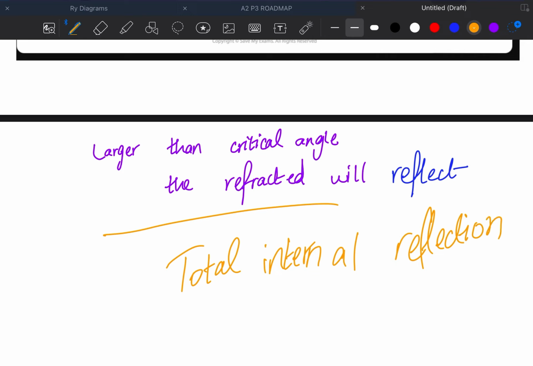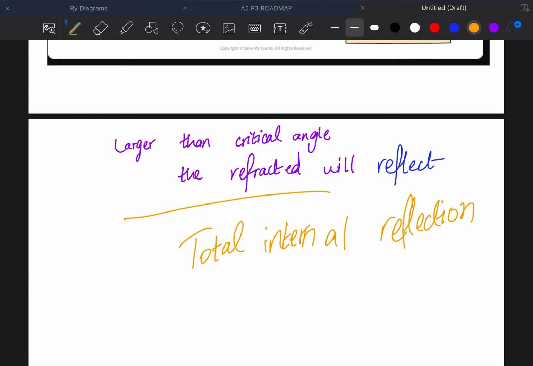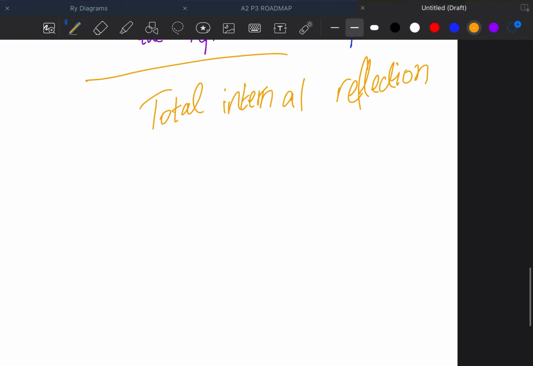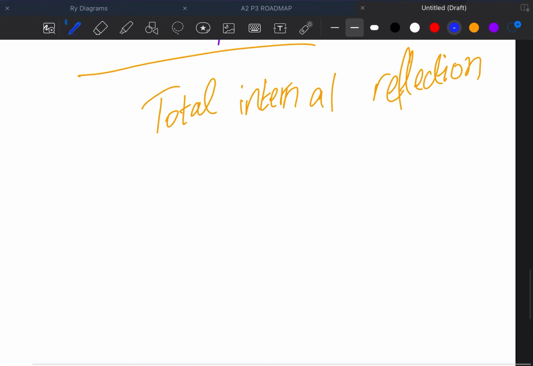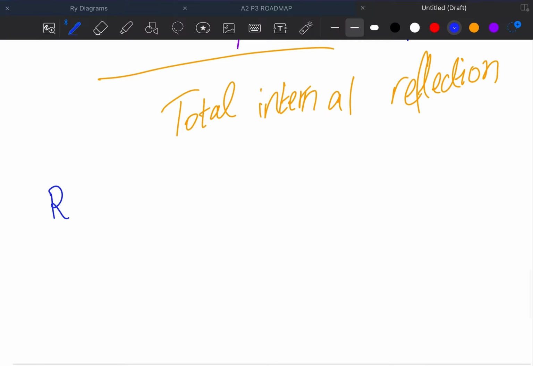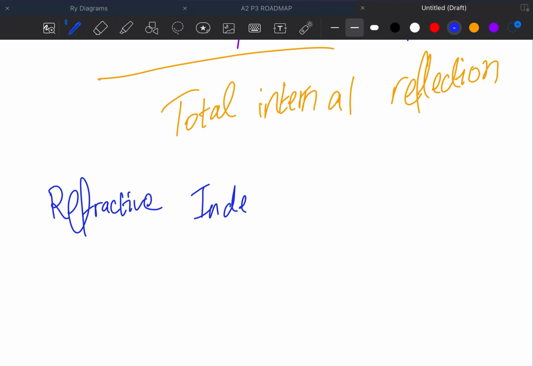Now total internal reflection has some formulas as well. There is a formula for refractive index, total internal reflection, and critical angle, and they all have some equation and some formula.